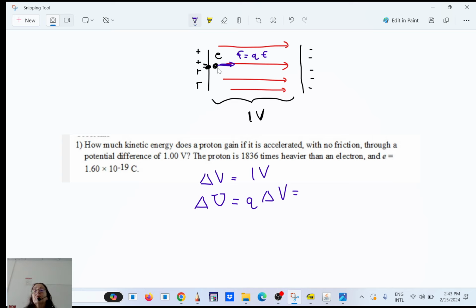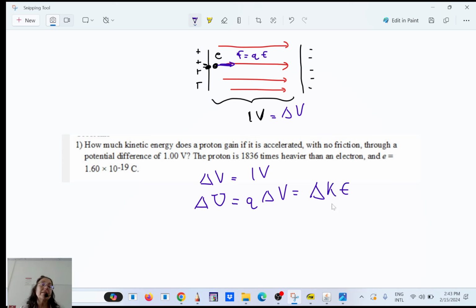So that will be the potential energy of the proton placed in that electric field. So it's like the potential energy of a mass above the ground. So it has potential energy. Remember, voltage means energy for 1 coulomb. So the energy for Q coulomb, you just multiply by Q. Does it make sense? All that potential energy is going to turn into kinetic energy.